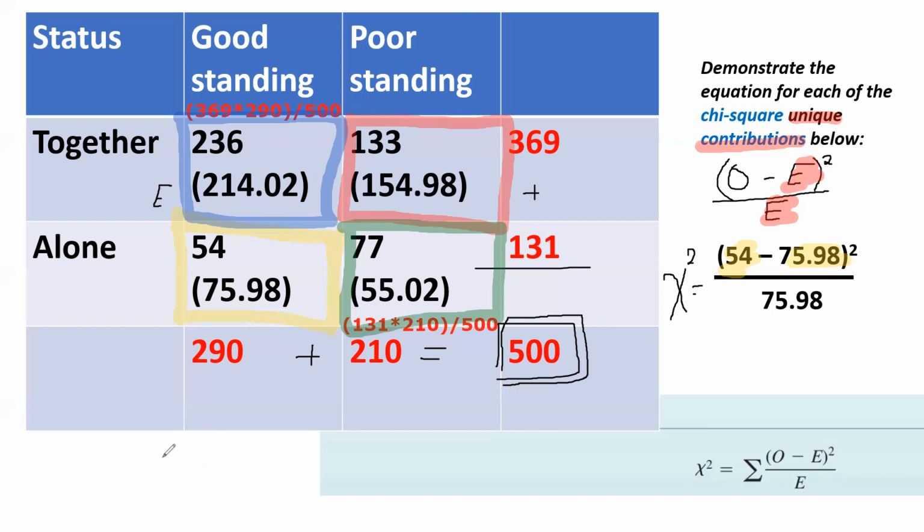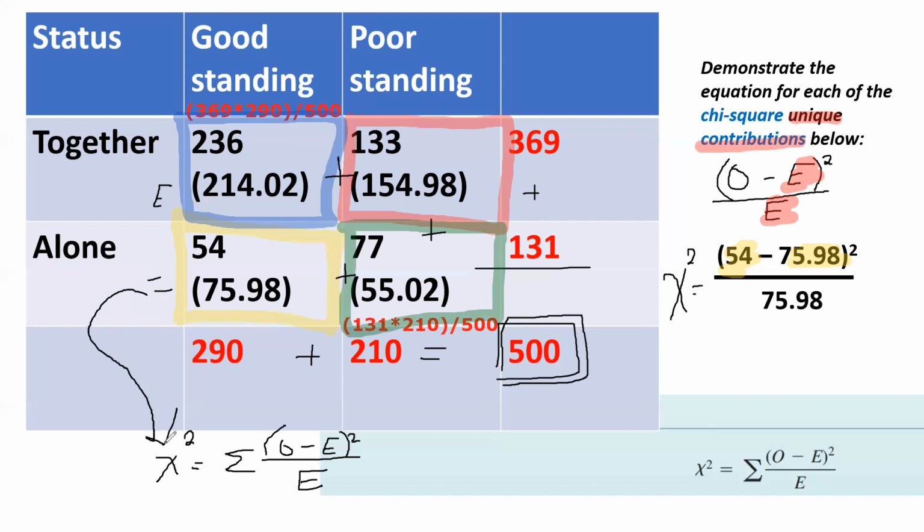And that would give us chi-square for all of it, which equals the sum of the O minus the E squared divided by the E. And you're adding all these up. That plus this equals that.